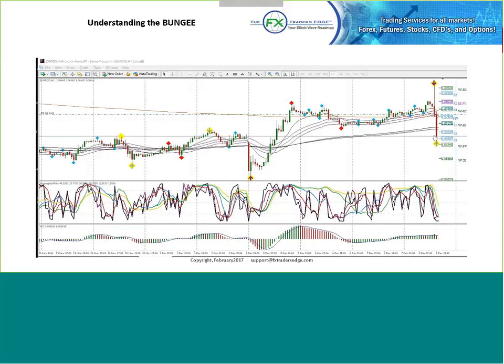So, here is a move down, and we might have missed it quite easily because it's pretty obvious we got a very quick move that unless you have this support or resistance level up here in your target, then you might have missed that.